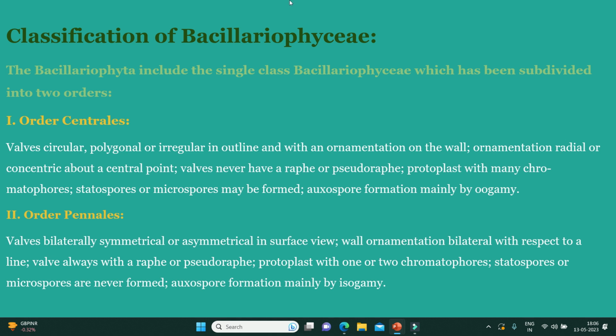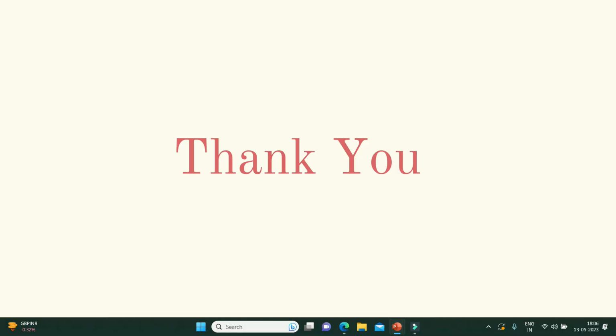In the Pennales, statospores or microspores are never formed. In the Centrales, auxospore formation is mainly by oogamy. In the Pennales, auxospore formation is mainly by isogamy.